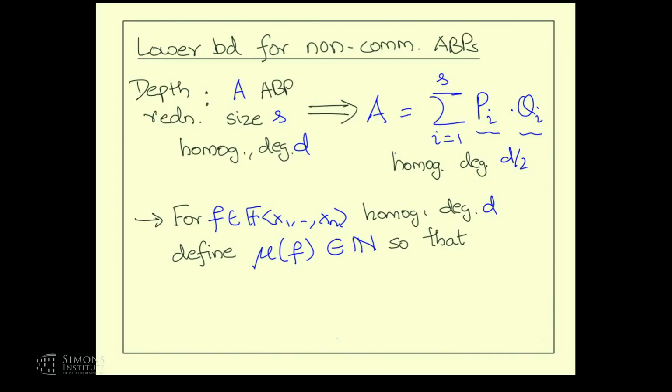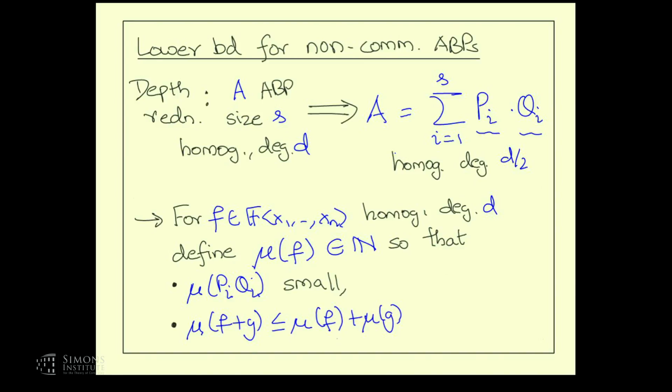This complexity has some nice properties. The first property is that it's small for any term in this summation. You have a sum of terms, and each term has small complexity. The complexity is subadditive, so if I add together two terms of small complexity, I get something else of small complexity.